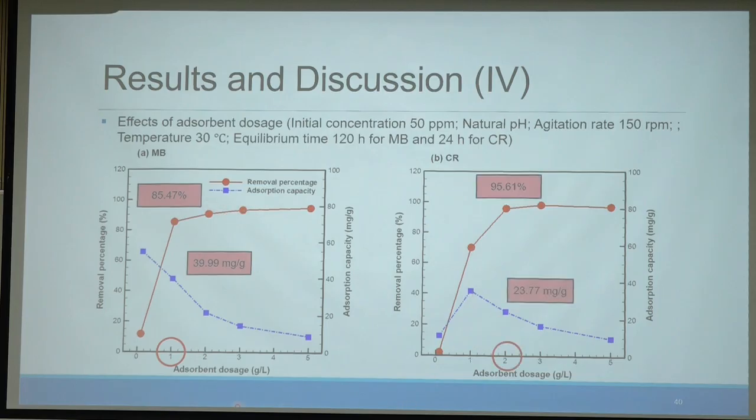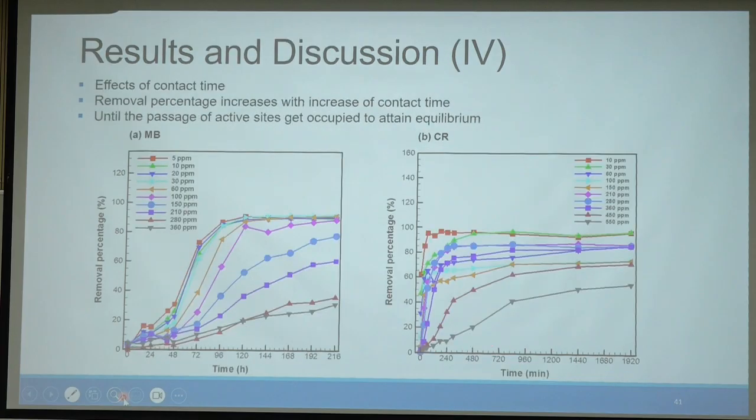While for Congo red, it can reach up to 95%, which is equivalent to 23.77 milligrams per gram of Congo red dye at a dosage of 2 grams per liter. This is what we found.